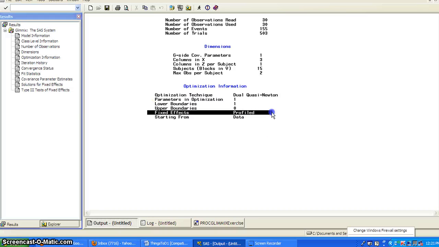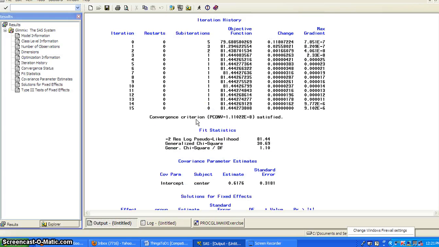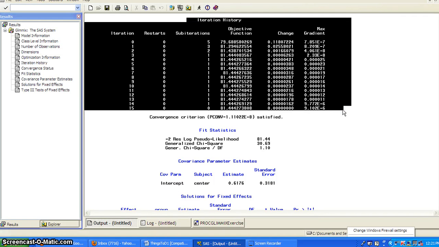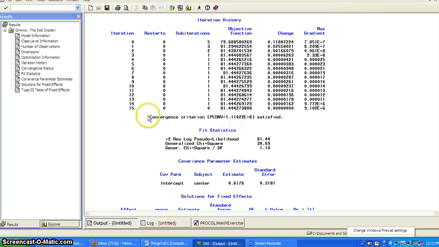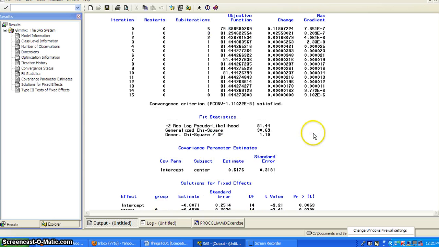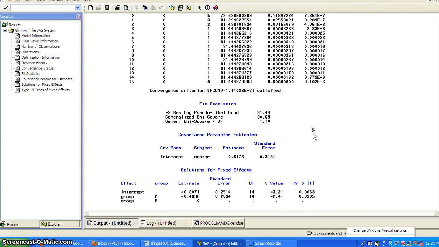And fixed effects using profile and starting from data. Iteration: it does take 15 steps to converge based on these criteria. So the difference between two consecutive iterations is pretty small, and we claim convergence has been achieved.